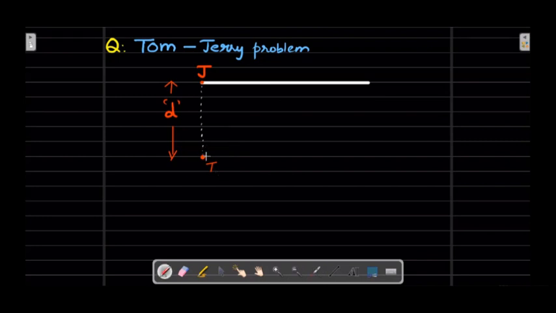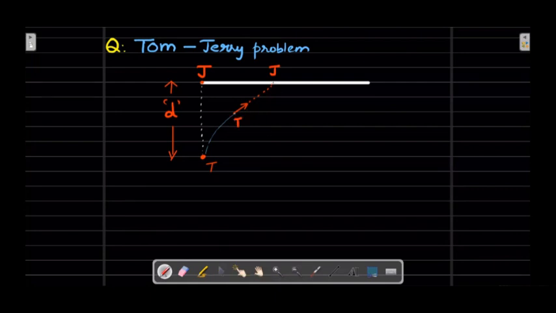So at any arbitrary position, if this was the curve followed by Tom and it is right now here, then the velocity vector of Tom is this way, and if you extend it in a dotted line manner, that would be the position of Jerry. This would be Tom at a later stage.